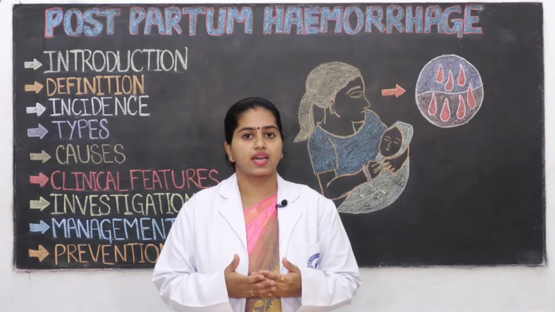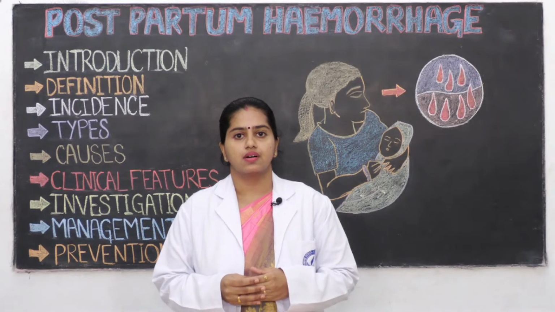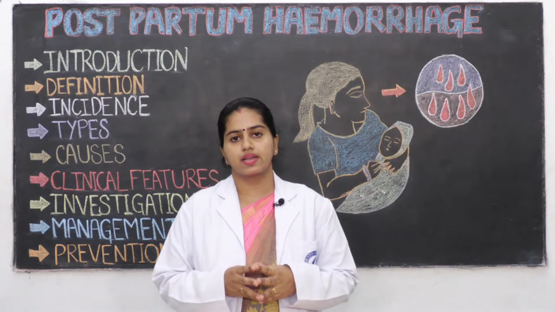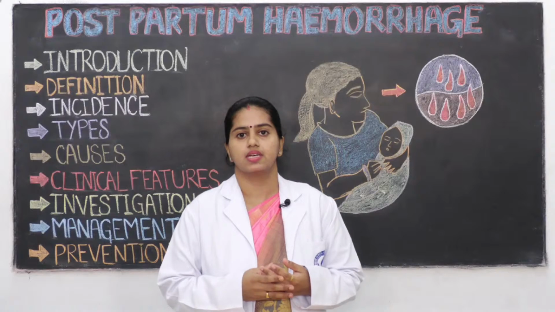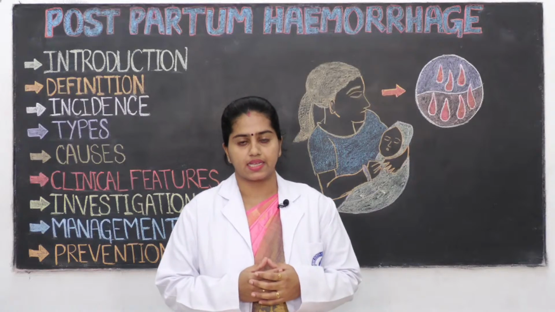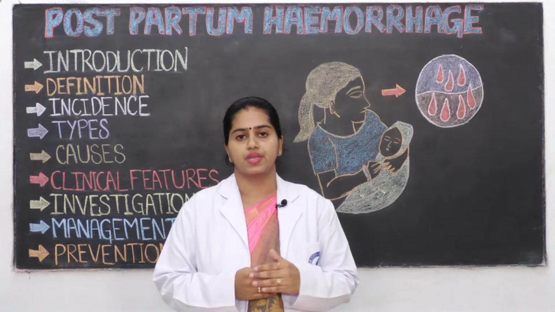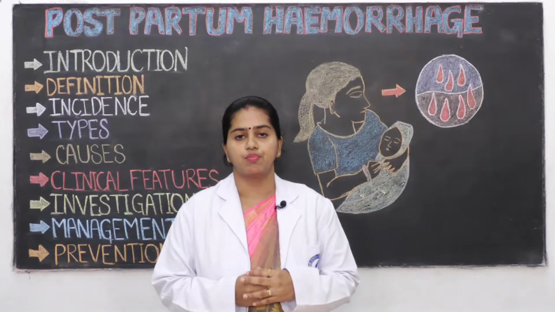So when we are assessing the blood loss, the woman will have features of shock. Shock like increased palpitation will be there. The woman's pulse rate will be increased, and we have to check the BP. BP will be dropping, decreased BP, that is known as hypotension.